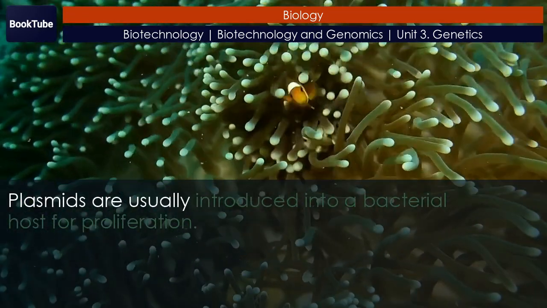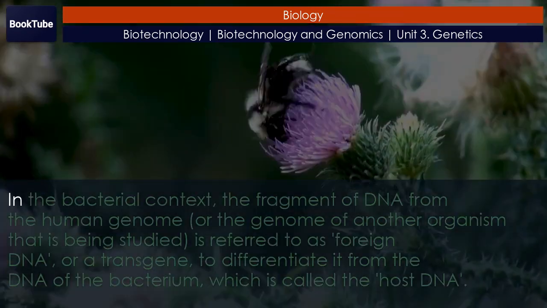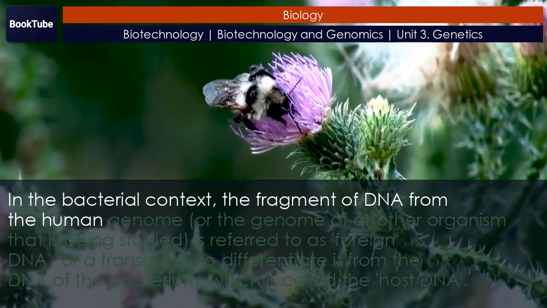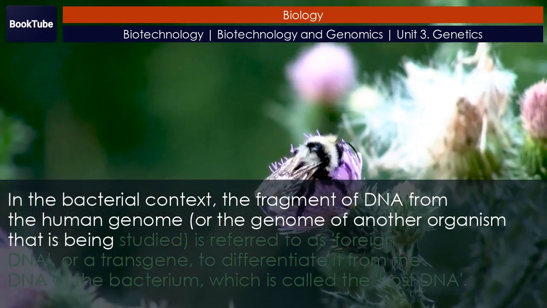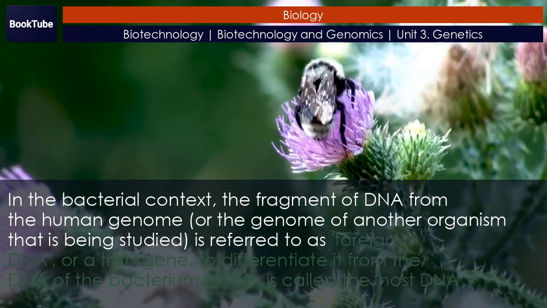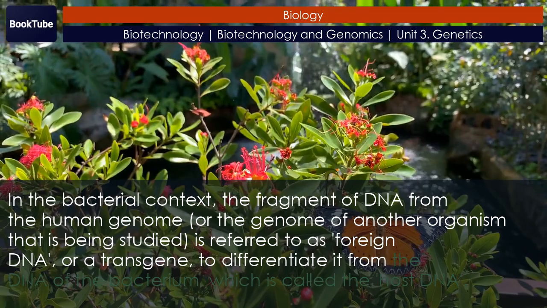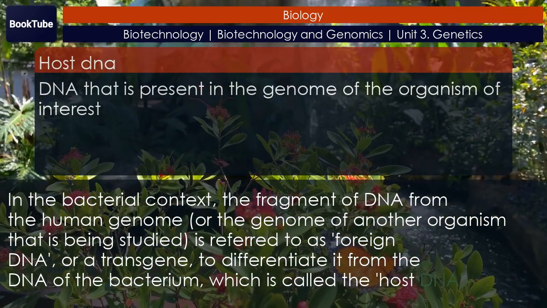Plasmids are usually introduced into a bacterial host for proliferation. In the bacterial context, the fragment of DNA from the human genome, or the genome of another organism that is being studied, is referred to as foreign DNA, or a transgene, to differentiate it from the DNA of the bacterium, which is called the host DNA.